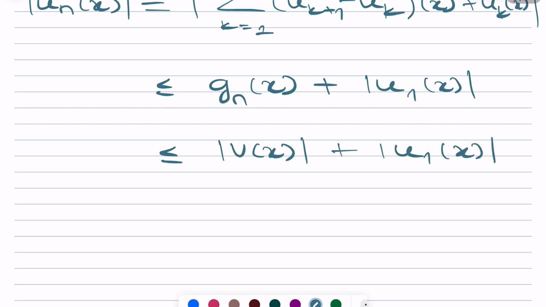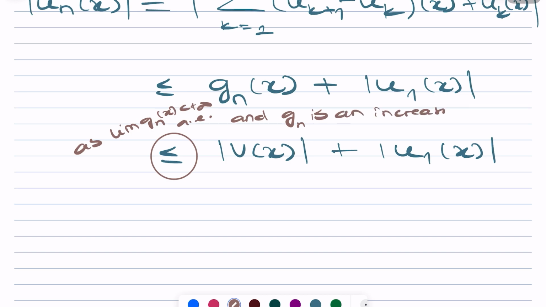Let me just justify this step. This is because the limit of gn of x is finite for almost every x, and gn is an increasing sequence of positive functions.